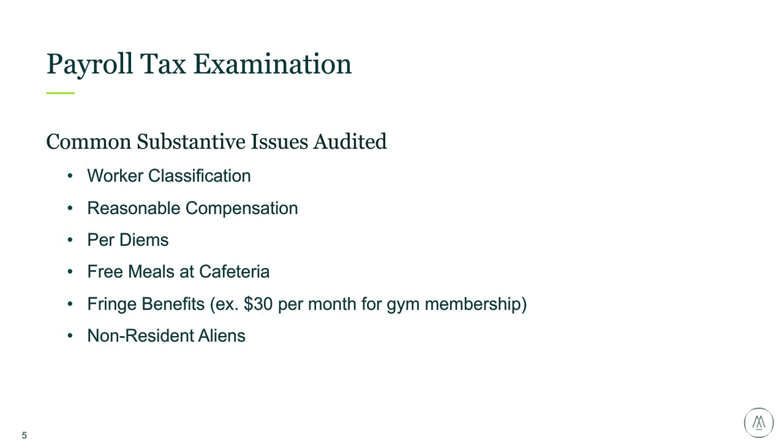I just want to remind folks on the call that the whole goal of the IRS and really most governmental or state agencies is payroll taxes. They want everyone to really be an employee. They want people to be an employee so they can have benefits, so they can get their money a little bit sooner, et cetera. So the focus and the movement is towards employee classification as opposed to independent contractor.